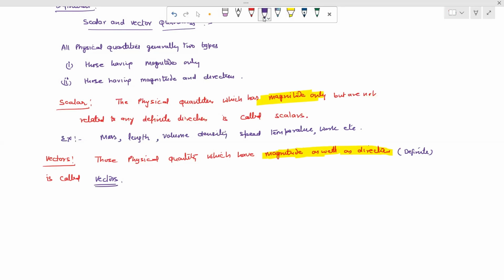Now we take examples of vector quantity: force, because when we apply force, we have some direction; then velocity, acceleration, displacement, moment, momentum.